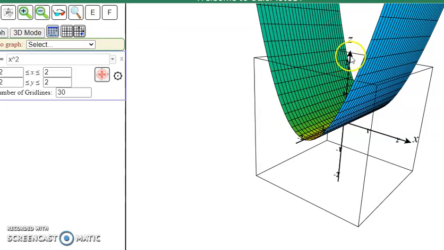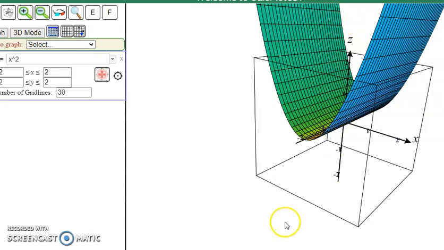So the variation of z will be from the paraboloid up to the plane z equal to 4. So z will vary from z equal to x square to z equal to 4.